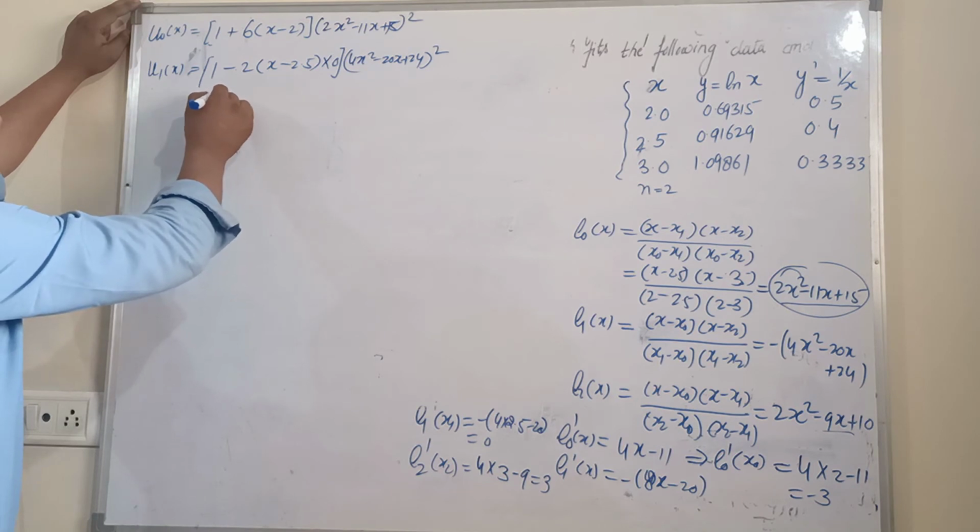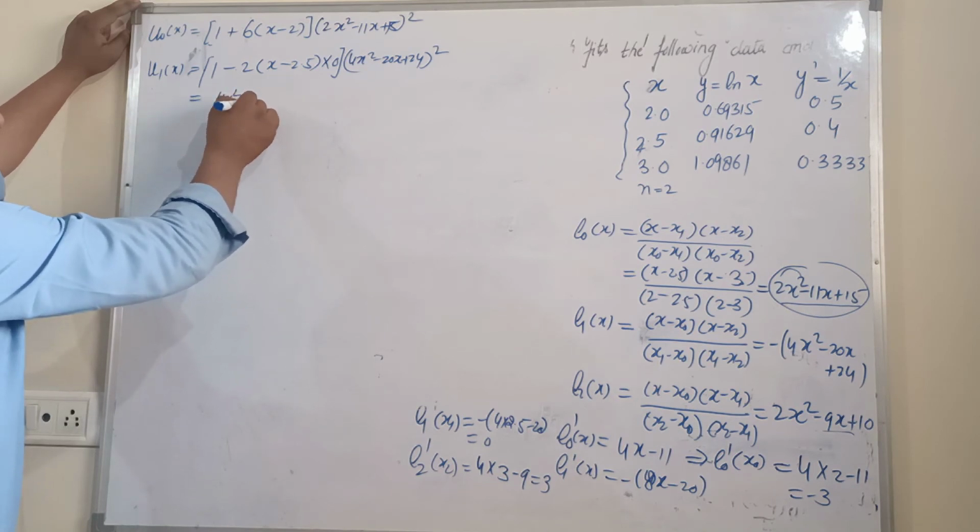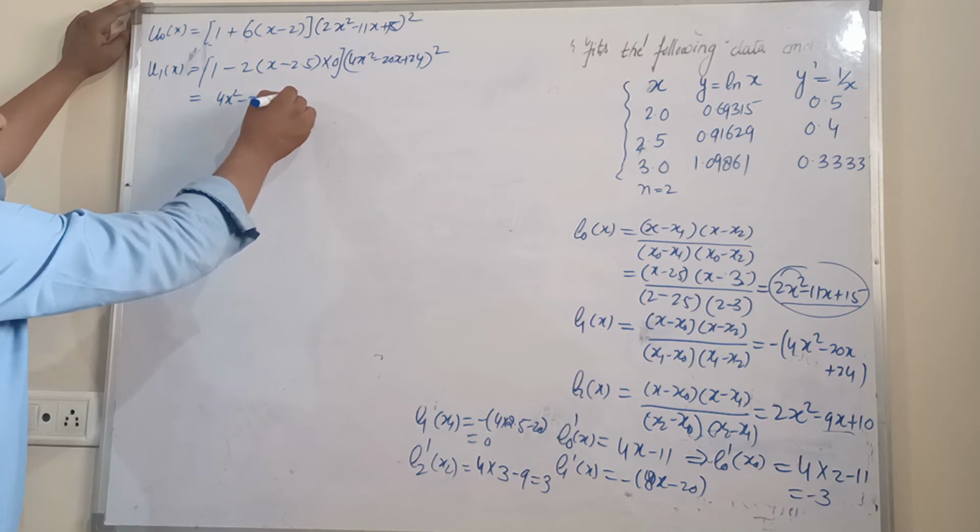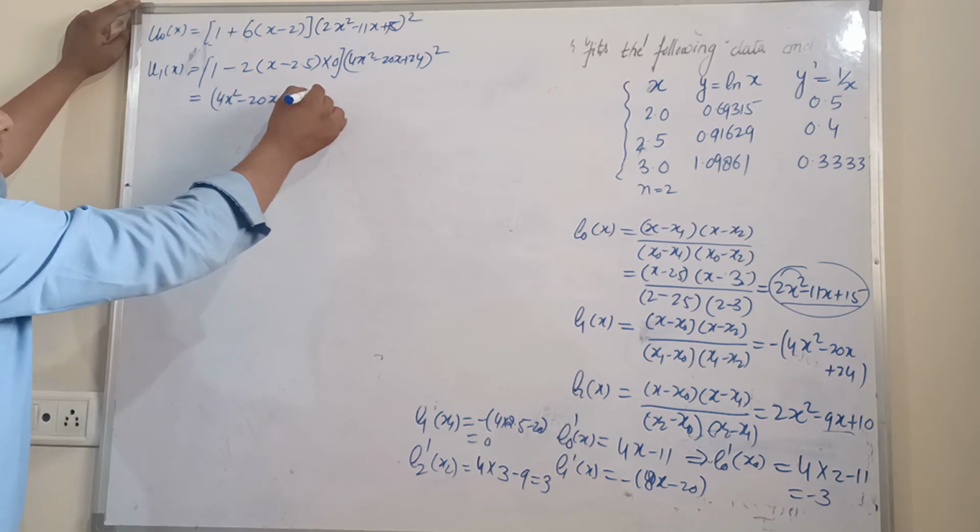On simplification we can write it as (4x² − 20x + 24) squared.